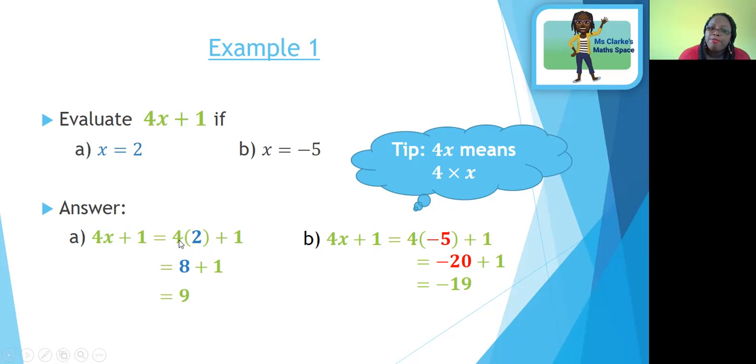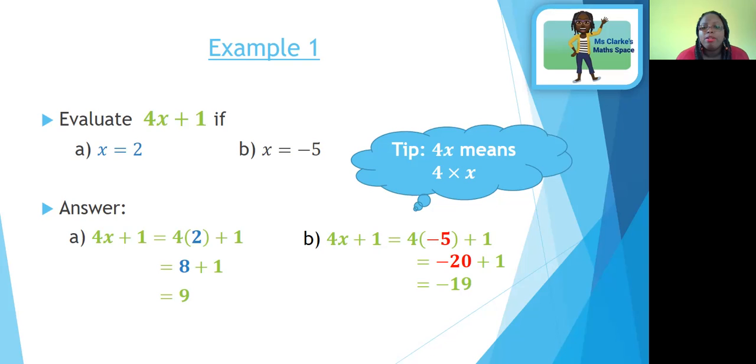So it becomes 4 multiplied by 2, and then you add in 1. We know that 4 multiplied by 2 is 8. So we're going to have 8 plus 1, which is 9. So when we evaluate 4x plus 1 when x is equal to 2, the answer will be 9.